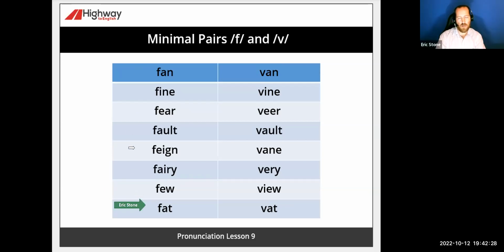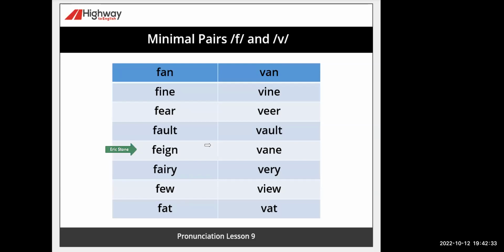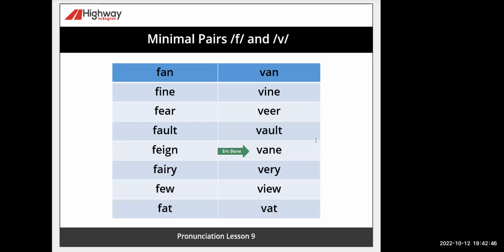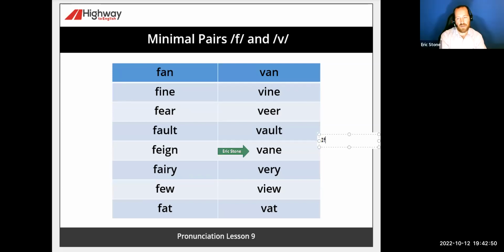Let's try these again. This one is feign, vain. Good. Feign and vain. Do you know what vain means? If someone is vain, they have a high opinion of themselves.